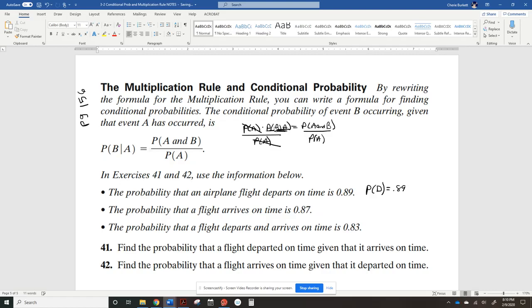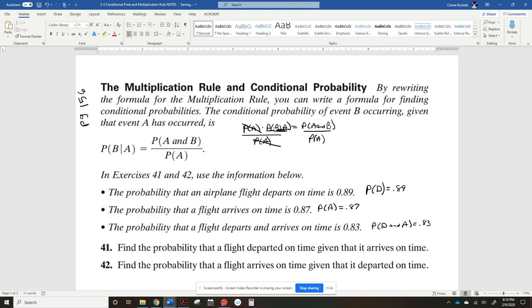The next piece of information, the probability that the flight arrives on time. So just use A for arrival. The probability that it arrives on time is 0.87. Pay attention to what it says. The probability that a flight departs and arrives on time is 0.83.